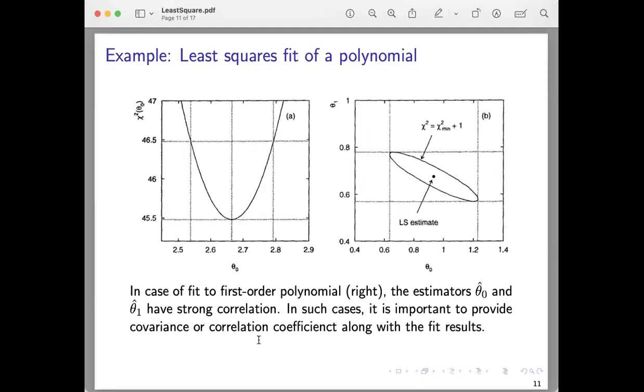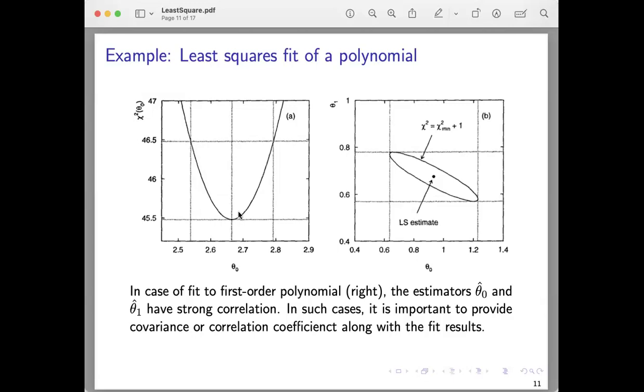Now, from this fit, you can see the estimate and the uncertainty on the individual parameters. The left plot shows the 1 sigma or 1 standard deviation when you fit a constant, or zeroth order polynomial, where the chi-square was very high.